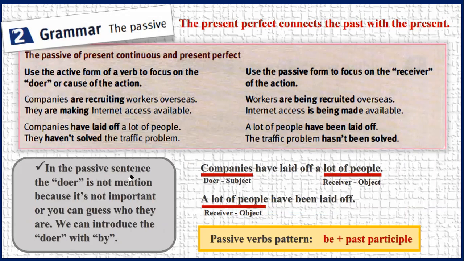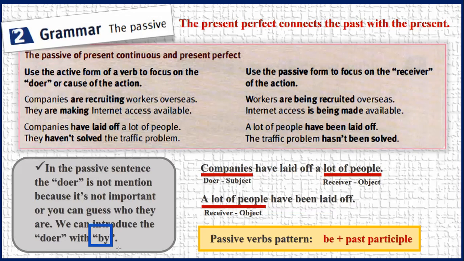In passive sentences, the doer is not mentioned. Who did the action or who does the action? We don't know. It's not mentioned because it's not important, or you can guess because it's obvious. But if we want to introduce who the doer is, we can introduce it with the preposition by. Oh, this is a connection.